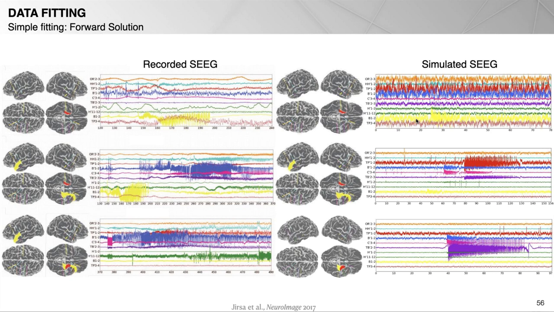In the middle panel, you have the complex seizures that start in the right hemisphere, in the right hippocampus, and in the left hemisphere, it starts in the left hippocampus. And then it continues and spreads to the temporal pole.